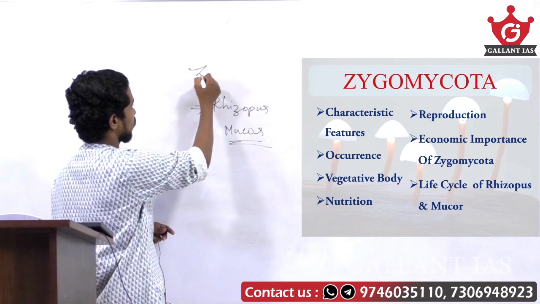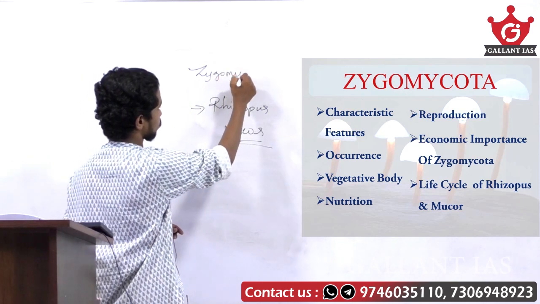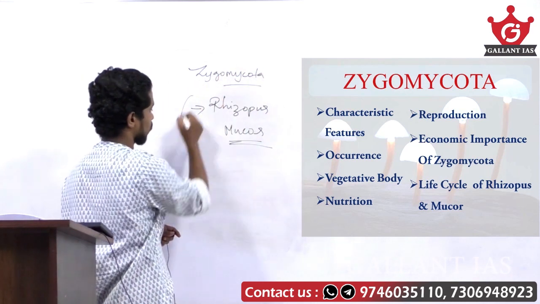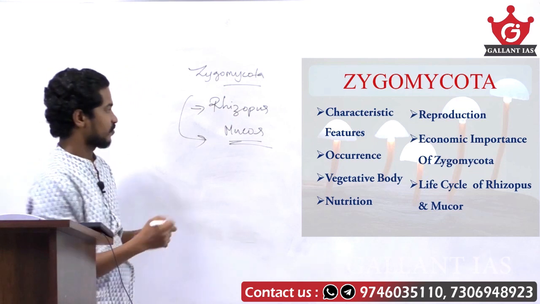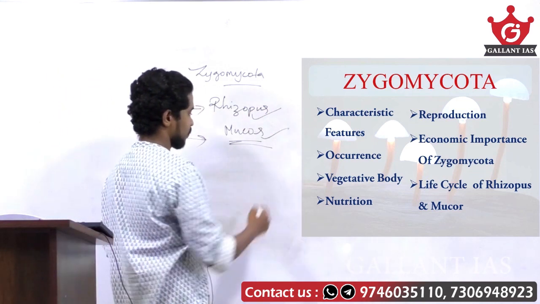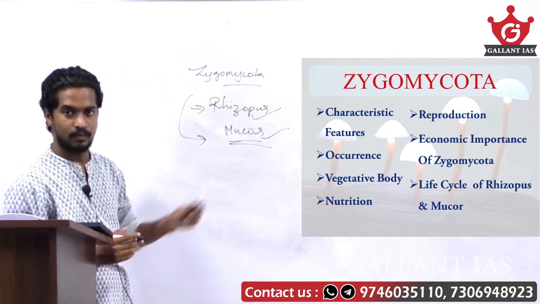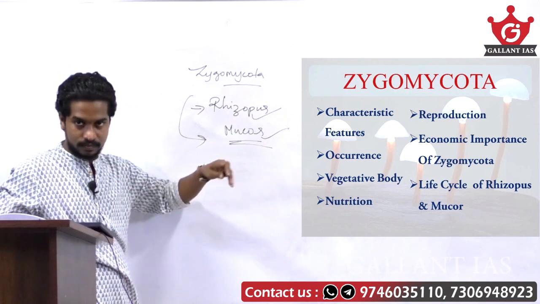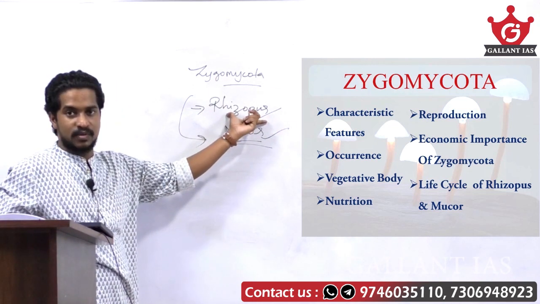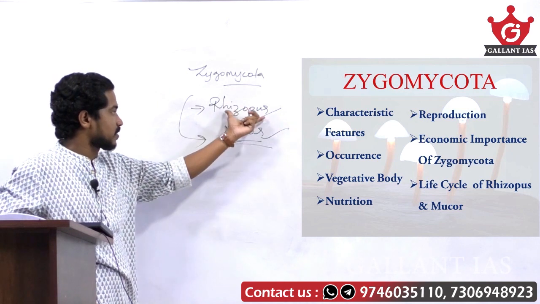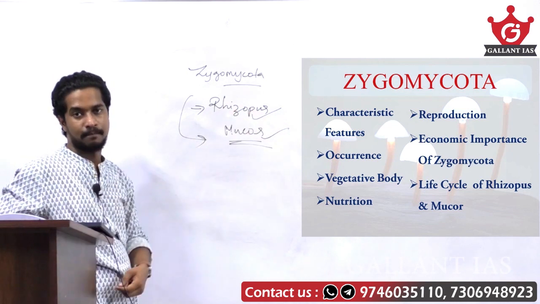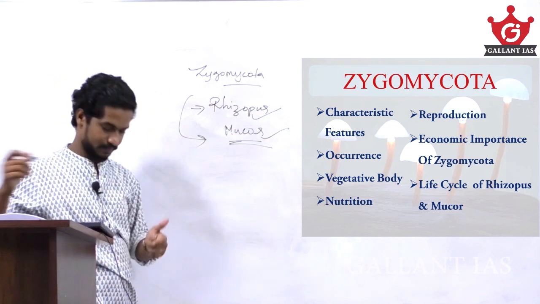In Zygomycota, make a detailed note on these two organisms, Rhizopus and Mucor, and their life cycles.